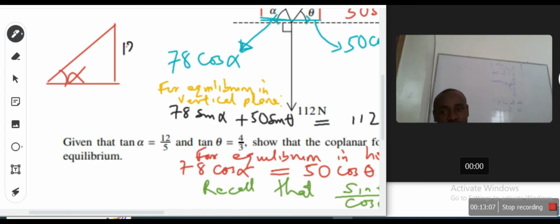So this place is 12. This place is 5, isn't it? Make sure you are seeing what I've drawn. This place is 12. This place is what? 5. So what do you think the hypotenuse should be? Let's call it x. x is equal to square root of 5 squared plus 12 squared.